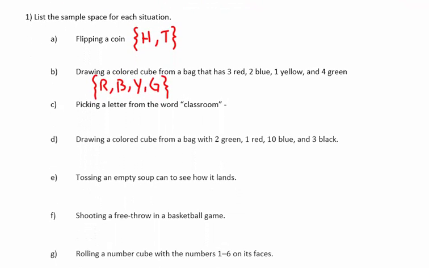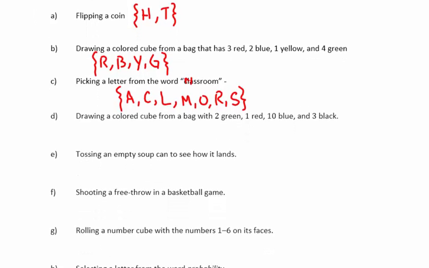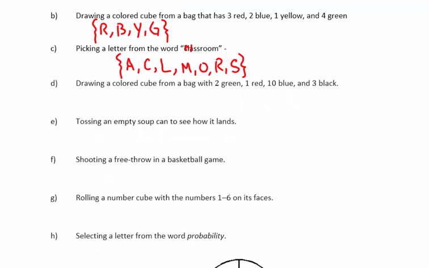Picking a letter from the word classroom, all the things that occur, we can get an A, C, L, M, O, R, and an S. Drawing a colored cube from a bag with 2 green, 1 red, 10 blue, 3 black.